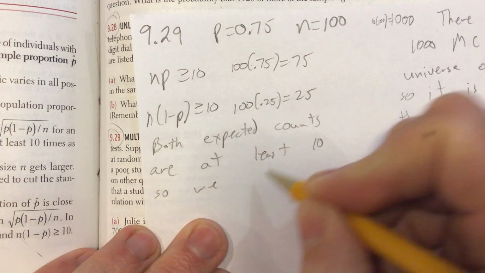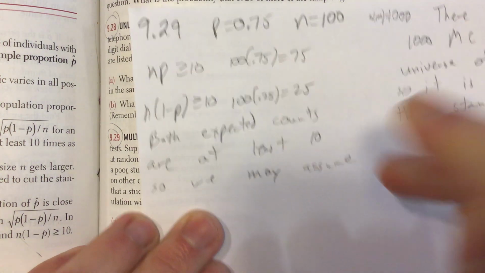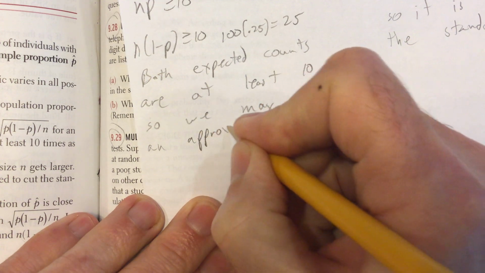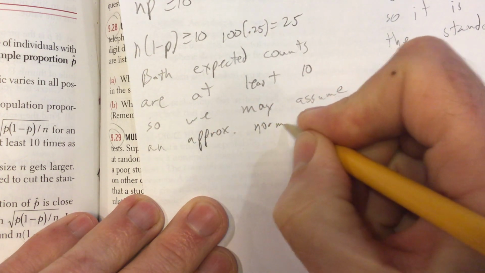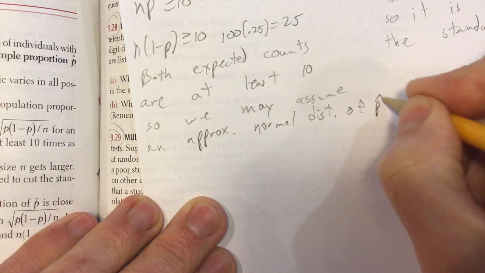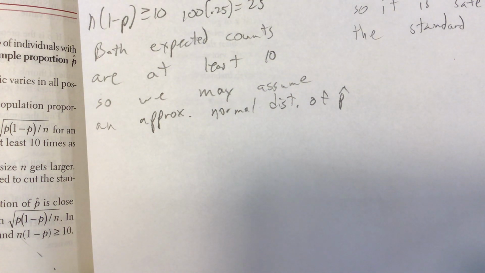So we may assume an approximately normal distribution of p hat. Yeah, I've been kind of lazy on that. You really should say normal distribution of whatever it is you're measuring, right?